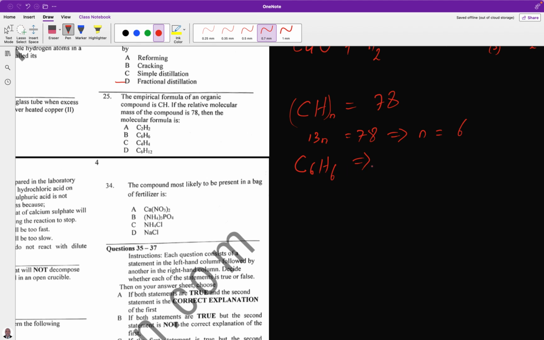So B is the right answer, C6H6, for question number 25.